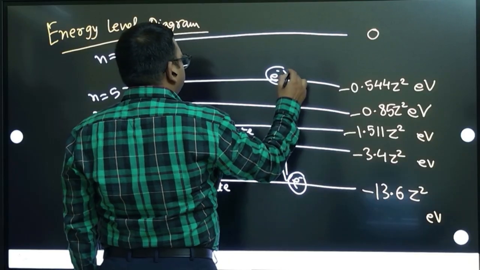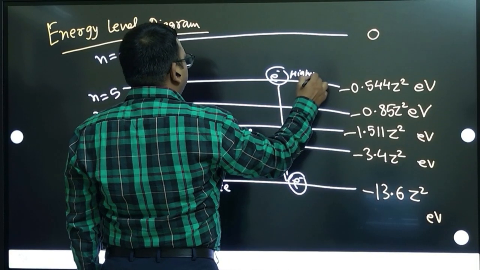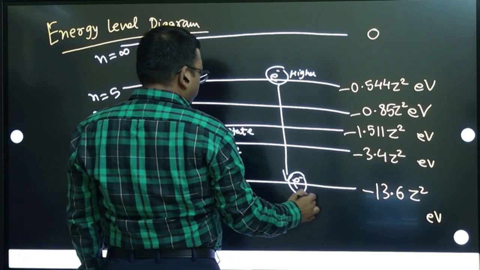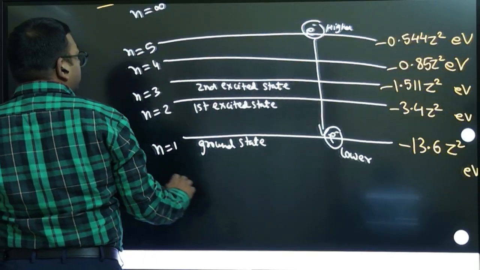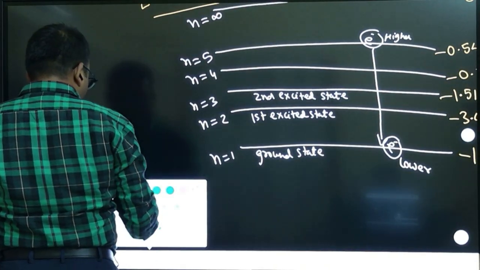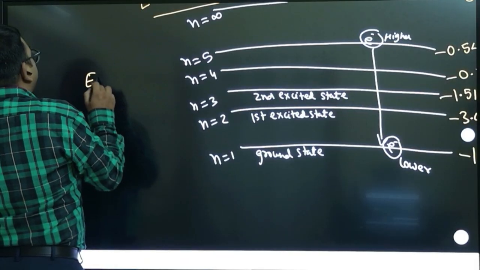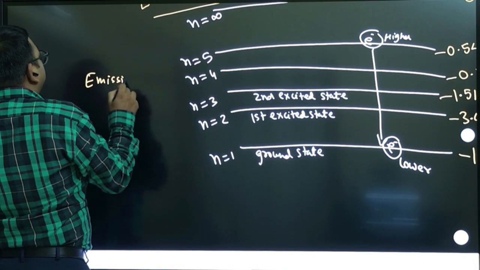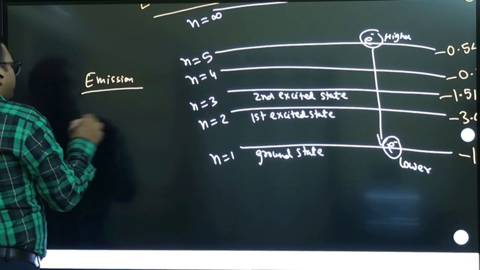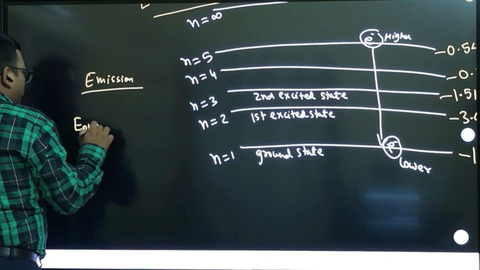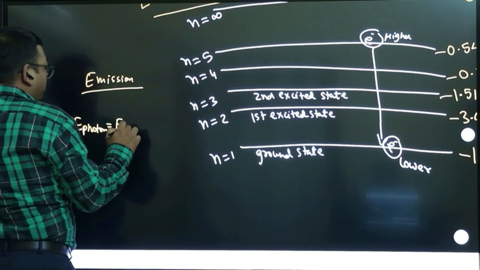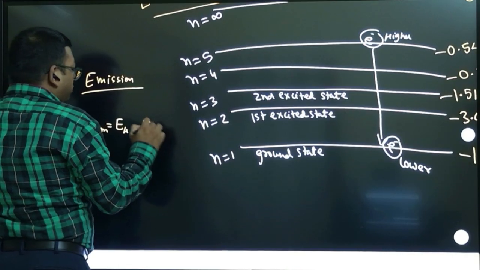Let us consider that this is higher, higher can be anything, and this is lower, right? So when emission happens, a photon will be released. So the energy of the photon is E higher minus E lower, right?